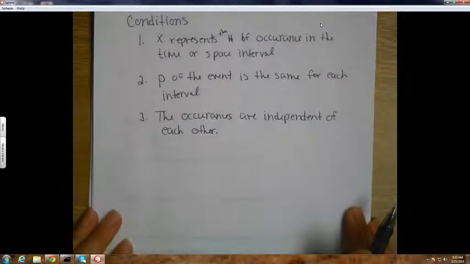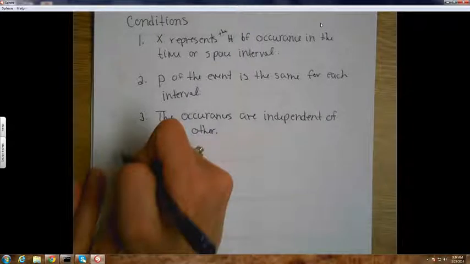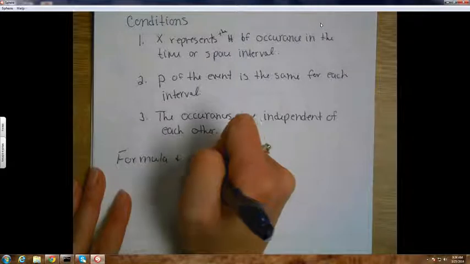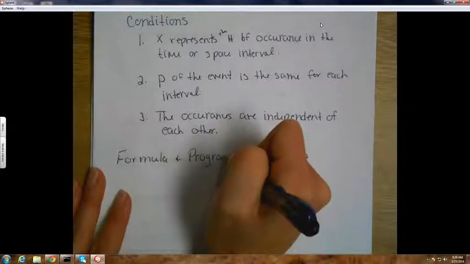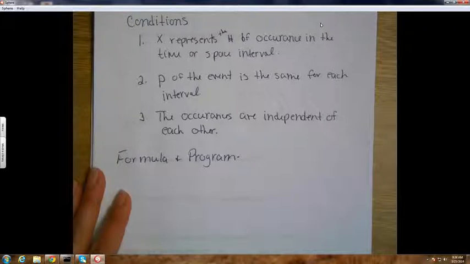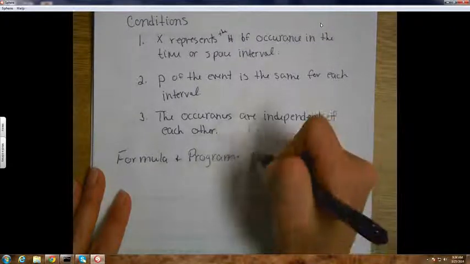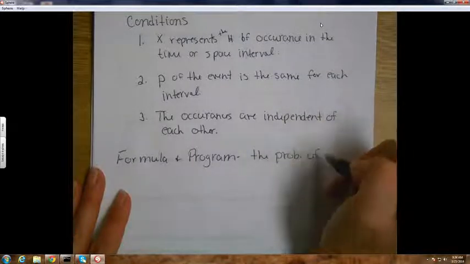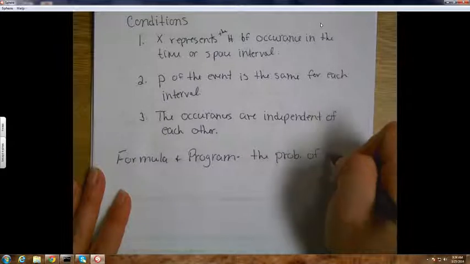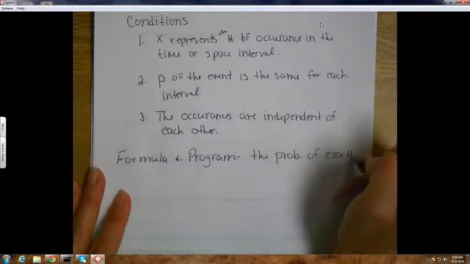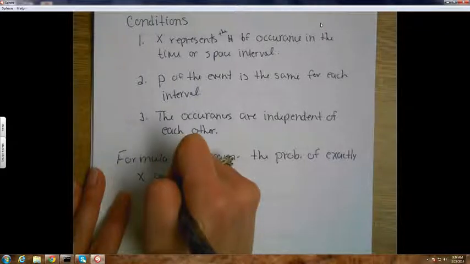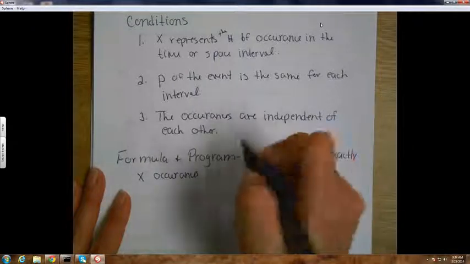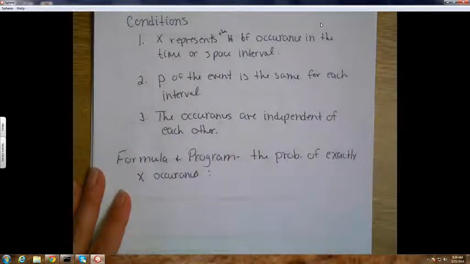Okay, now we're ready for our formula and program. The formula and program will answer for the probability of exactly X occurrences, and is given by this.